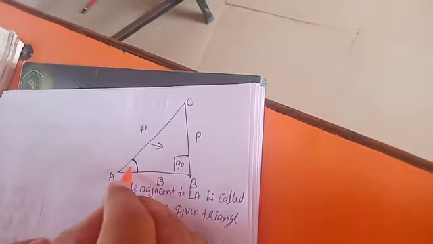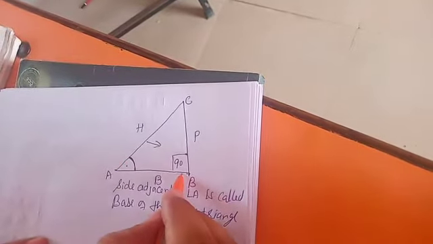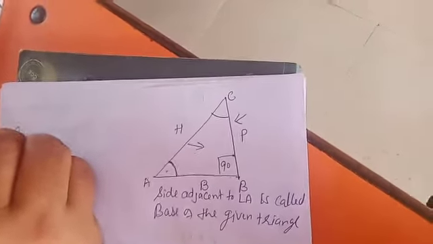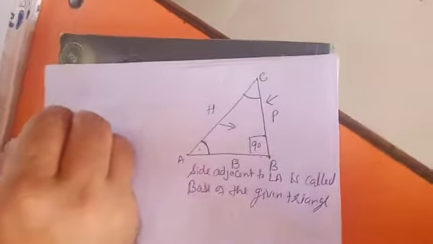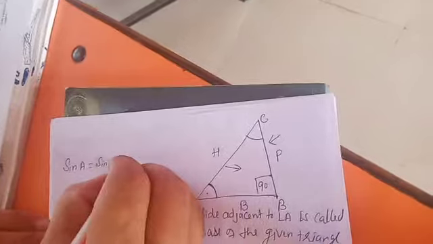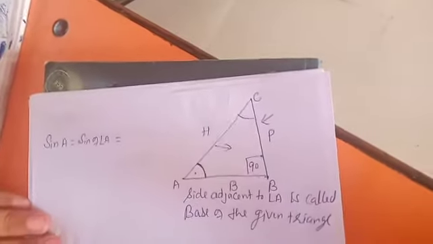If your triangle is this, the base is this. If your triangle is this, then the base is this. So try to understand this difference. First, sine of angle A. Sine of angle A is equal to what?